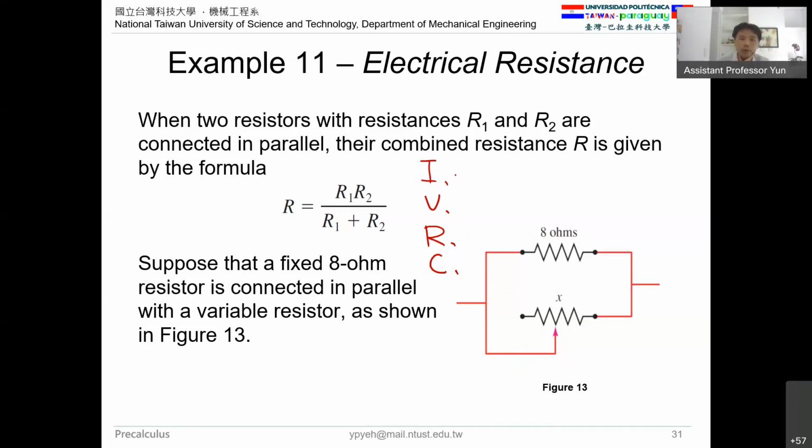And the current I, and V represents the voltage, and R represents the resistance, and C means the capacitor.